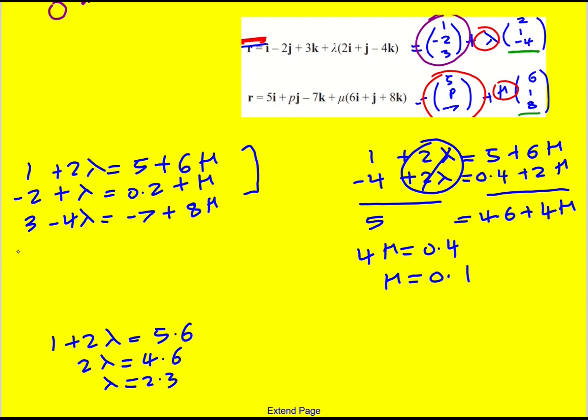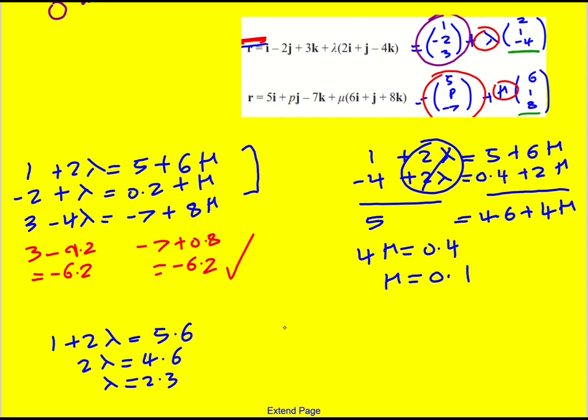So I will get 3 minus 9.2 on the left-hand side. That will be minus 6.2. And over here, I'll get minus 7 plus 0.8, which is, again, minus 6.2. So great, I know that they intersect there.